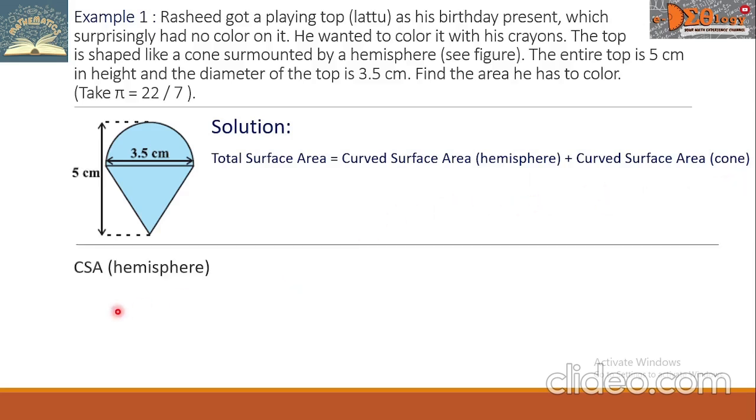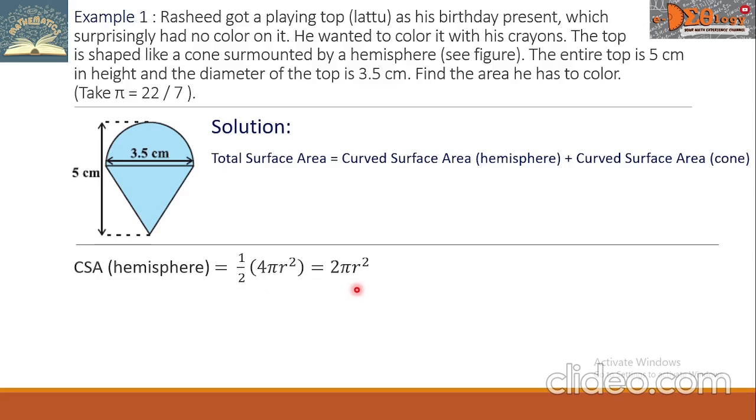Let's begin with the CSA of hemisphere. The formula is 1/2 of the formula of the sphere, which is 4 pi r squared. We can simplify this 4 by the denominator 2. That becomes 2 pi r squared.